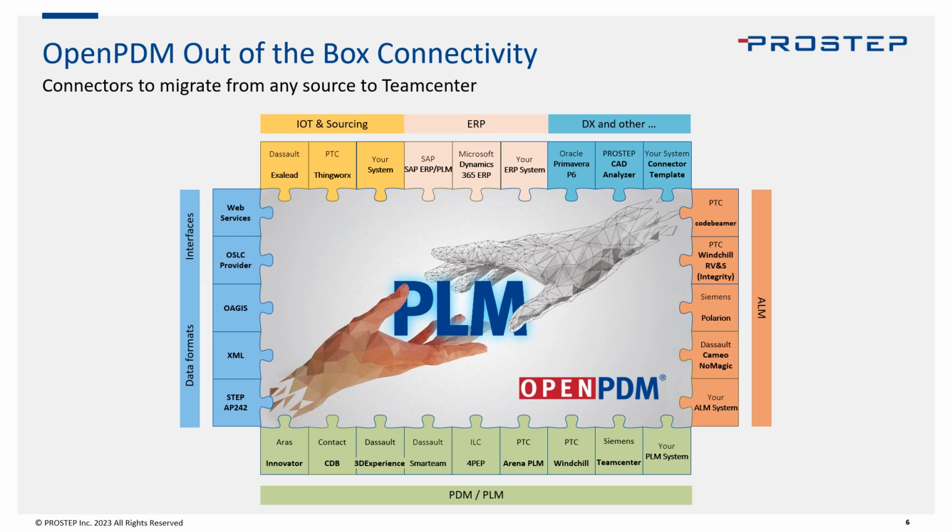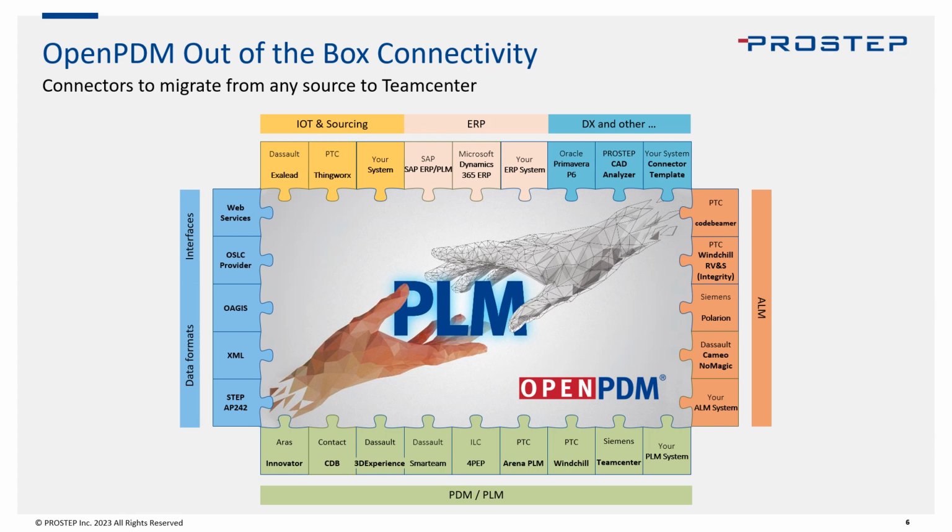So you see on here a wide range of different commercial connectors supported through OpenPDM. That starts with Eris, but also Contact, CDB, 3DX, SmartTeam, 4PEP, Arena, Windchill, Teamcenter, and other systems. So we've got other legacy connectors that we've supported in the past, like VPM or Eigner Agile, things like that.